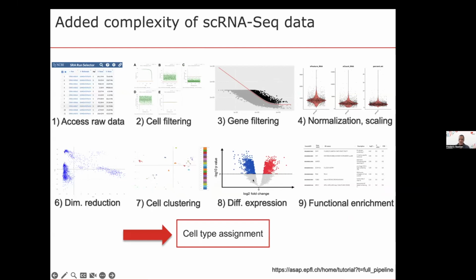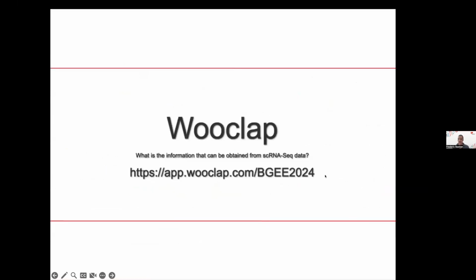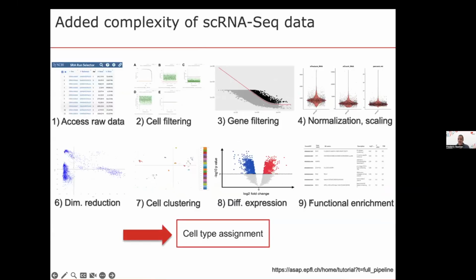Then you do a clustering and a differential expression. Finally, looking at the function of those genes, you are able to provide information about the cell type for each of your cell populations. At each of these steps, the parameters are going to impact your end result. So this is very different as compared to bulk RNA-Seq data.